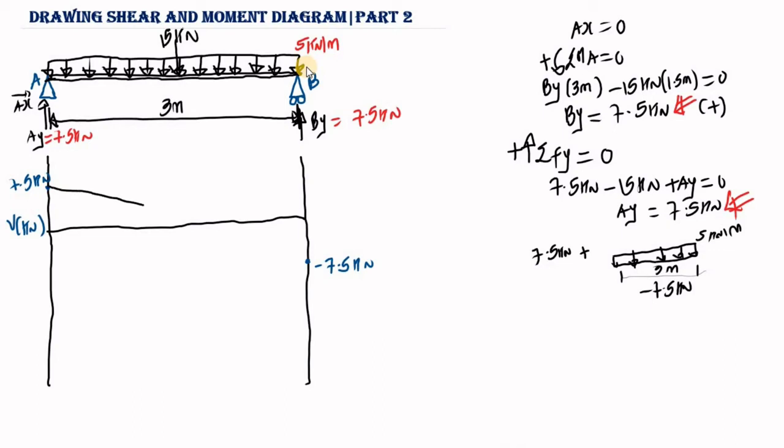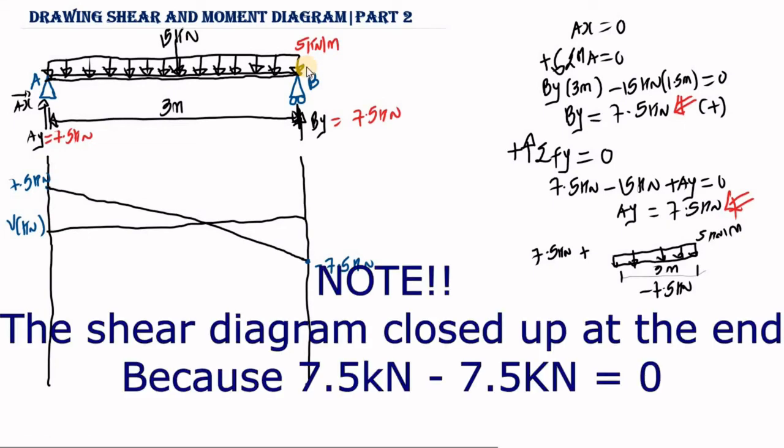We are going to have something like this because the slope is constant. So this is going to be the shear diagram for this beam. As you can see, over here we have a positive area, and over here we have a negative area. Now we are done with the shear diagram.